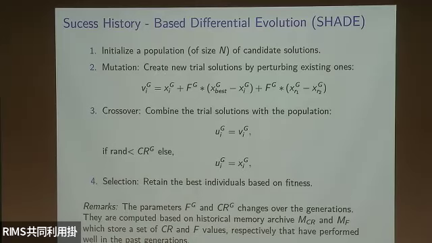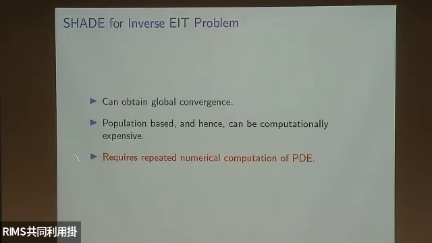Furthermore, it's not shown here, but the population size is also decreasing. Because with these kinds of algorithms, towards the end you expect that the solutions don't change anymore. So you do a linear reduction in the population size to save computational time. The good thing about SHADE is that it can obtain global convergence.